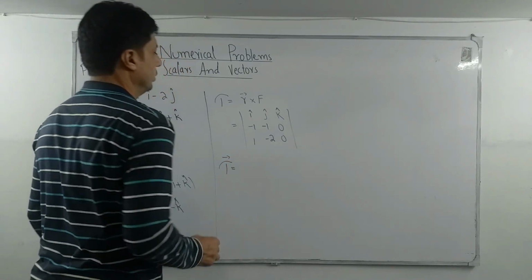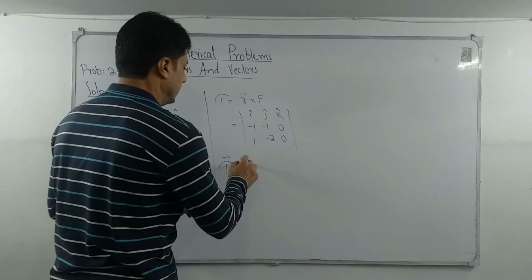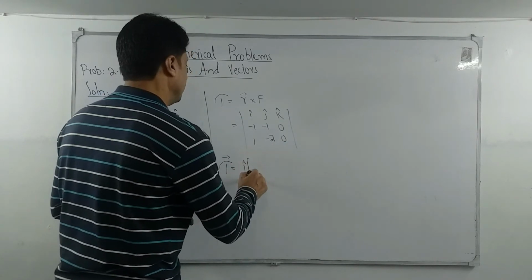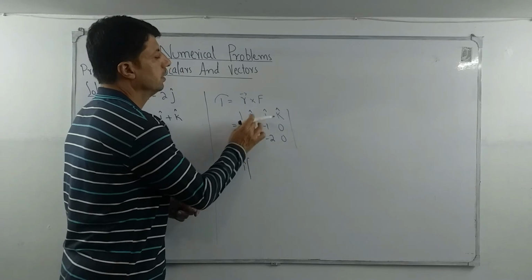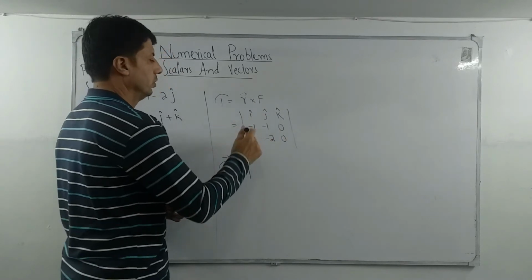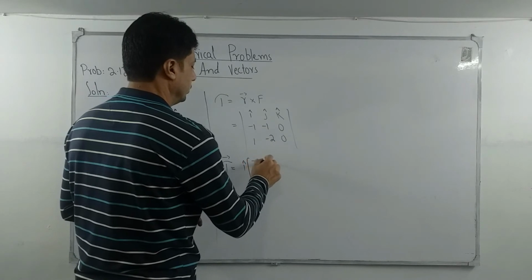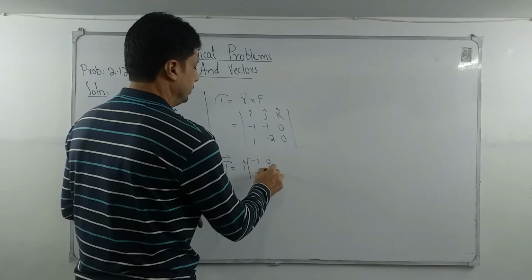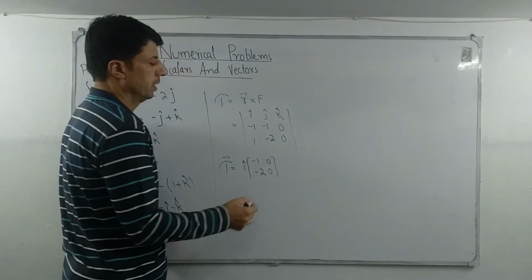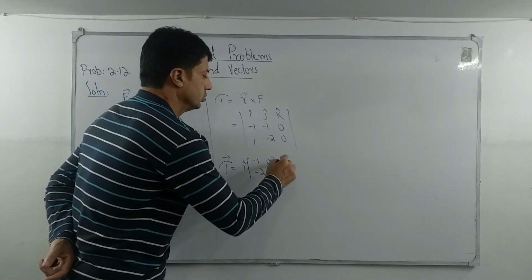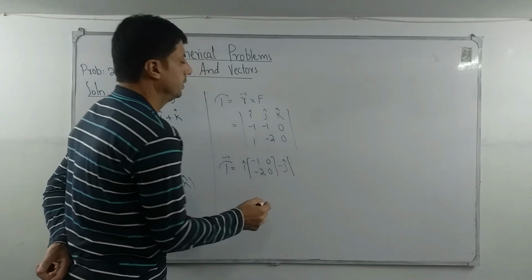So the torque will be equal to, we will put I here, and then a matrix will be formed by deleting this column and this row, so we will get only minus 1, 0 and minus 2, 0. Minus, there is a minus in the formula, minus j, and again there will be another matrix.